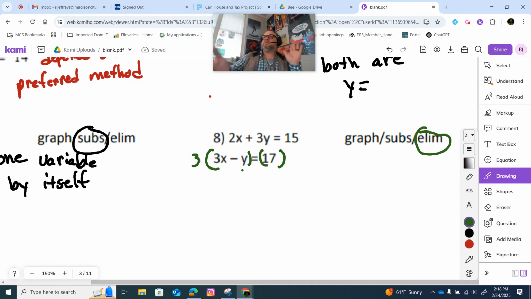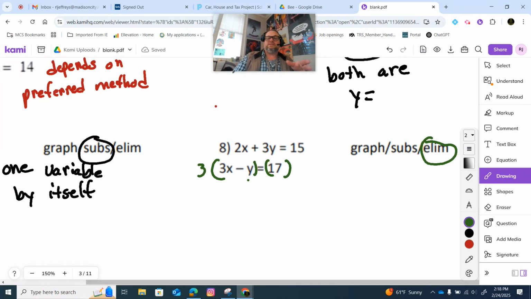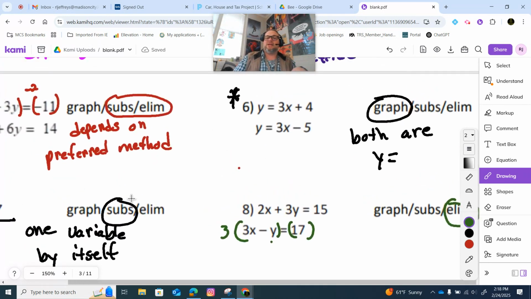Now, if you disagree with some of these that don't have the asterisks on them, you have the option to solve them your preferred way. Okay? I'm not going to force you to use a method that you don't like. Okay? We're not going to do that.